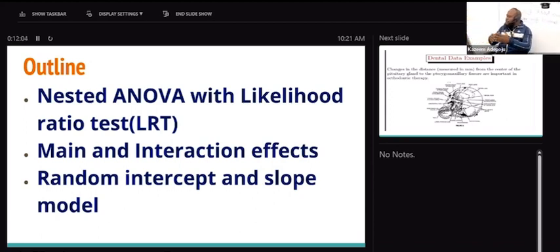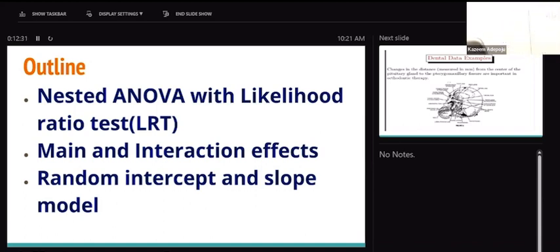When you take a look at the models, we have some models that have main effects, and we have some models with interaction effects.